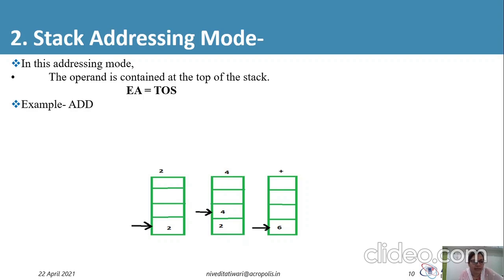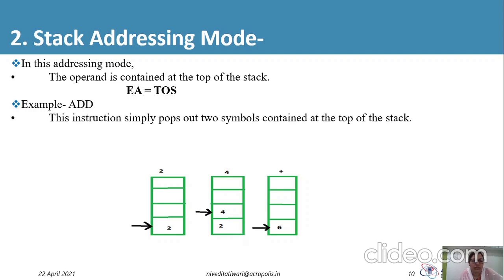For example, if you have to perform the add operation with the help of this stack addressing mode, you need two operand values for performing this instruction. So if you have two values, 2 and 4, on these two operand values you have to perform the add operation with the help of a stack.